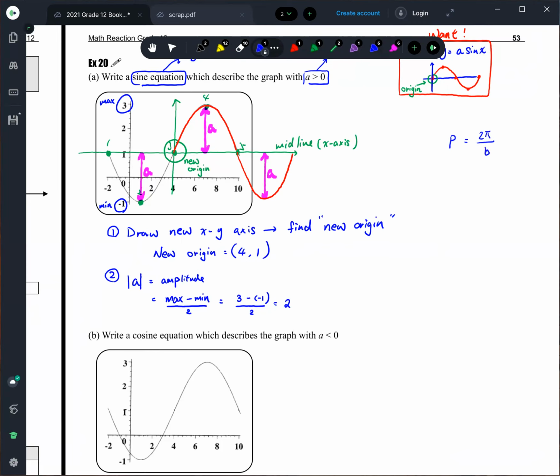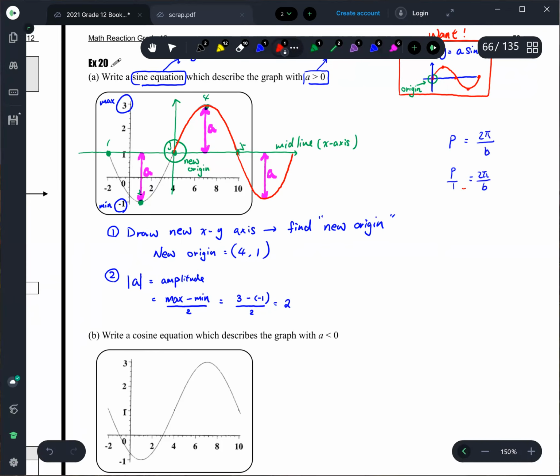Now if I write p as p over 1, and then we cross multiply. Cross multiply means multiply upwards. B multiplied to the left, 1 multiplied to the right. Then you get period times b equal to 2 pi times 1.